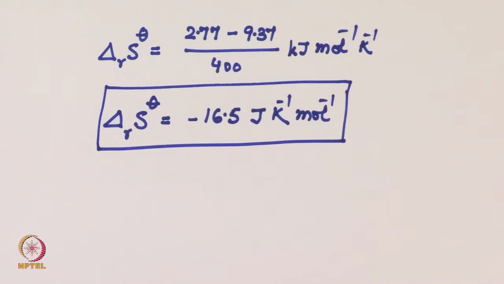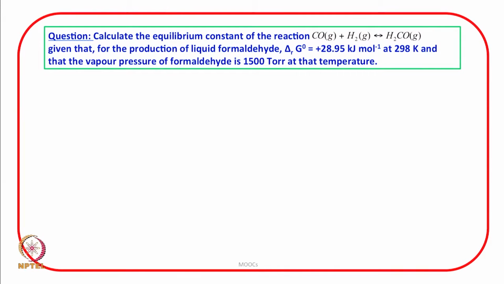Now we take up another question. Calculate the equilibrium constant of the reaction carbon monoxide gas plus hydrogen forming H2CO, given that for the production of liquid formaldehyde, the standard reaction Gibbs energy is 28.95 kilojoules per mole at 298 Kelvin, and that the vapor pressure of formaldehyde is 1500 torr at that temperature.